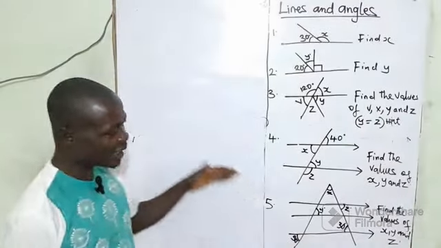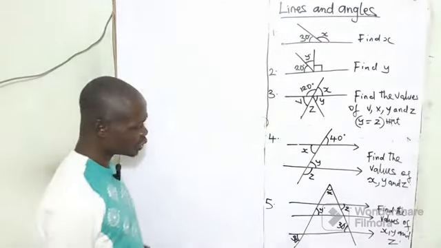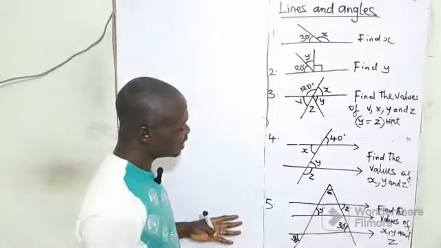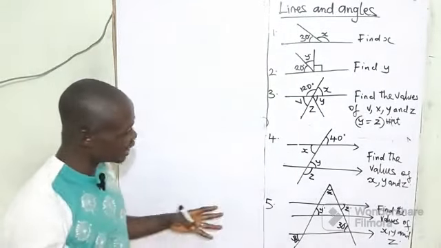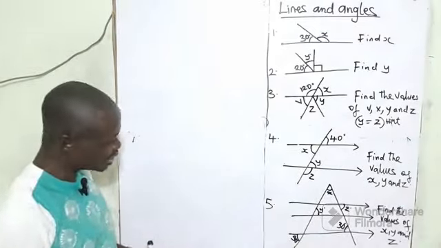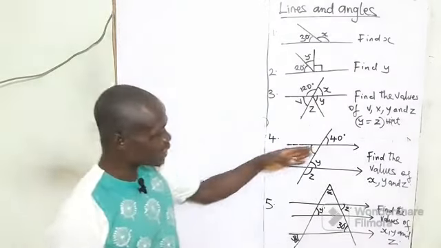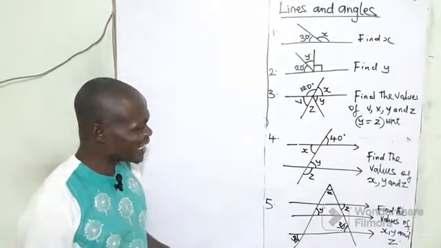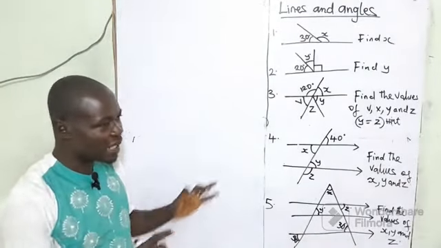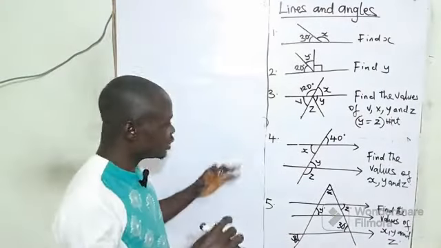So these are what we already studied before. We can use corresponding angles, vertically opposite angles, and alternate angles in solving our problem. We can equally apply angles on a straight line, provided we are sticking to the rules.